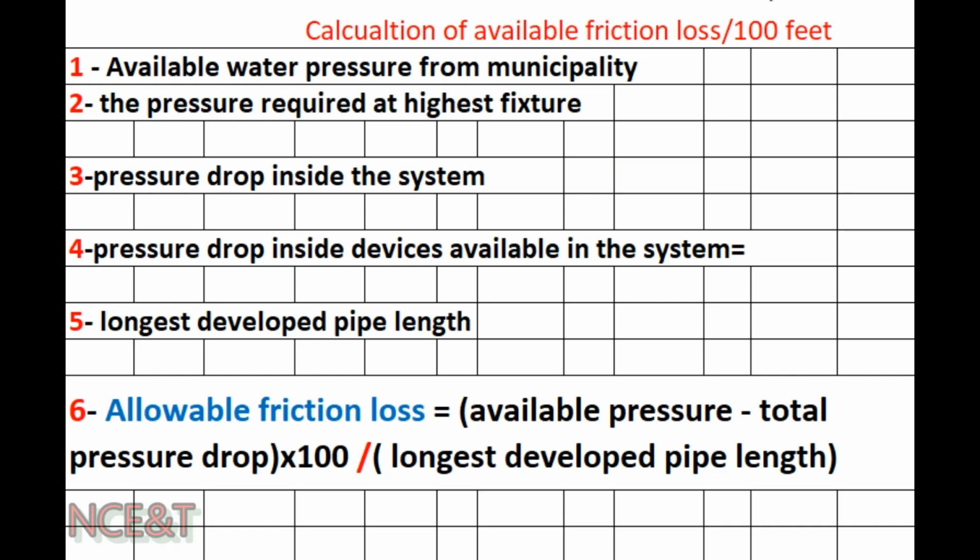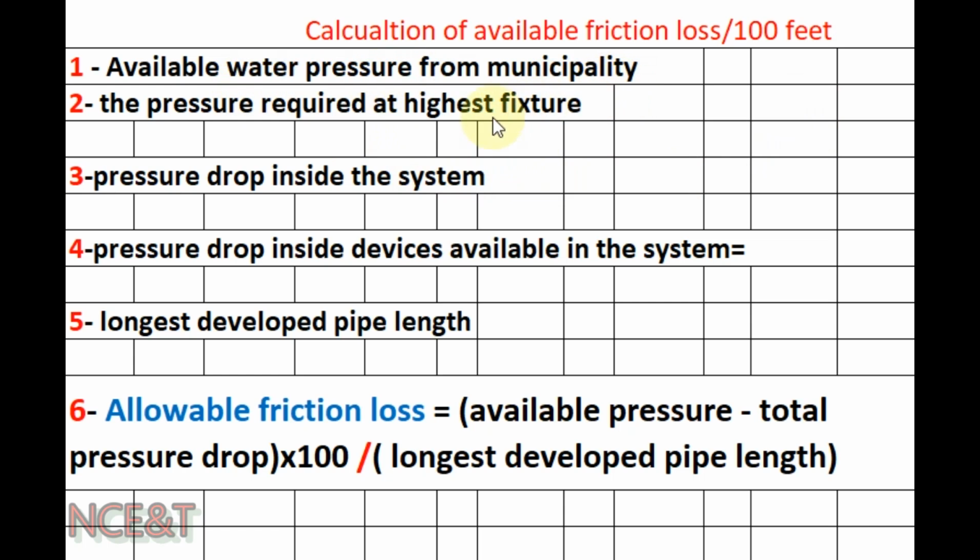To design the domestic water supply system by available municipality water supply pressure, first of all we need to calculate the available friction loss per 100 feet to design the water supply piping for the system. To calculate it, we need to follow these steps. Number 1. First of all, we need to determine the available water supply pressure from municipality.